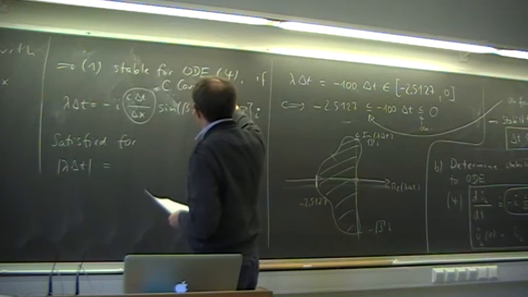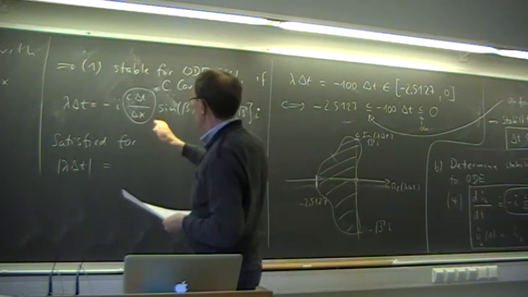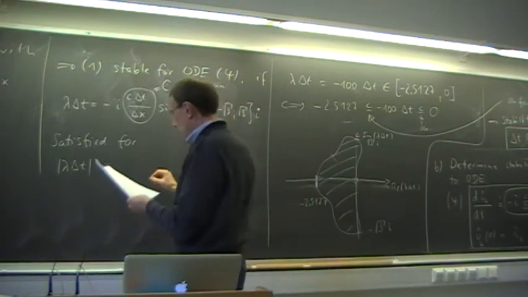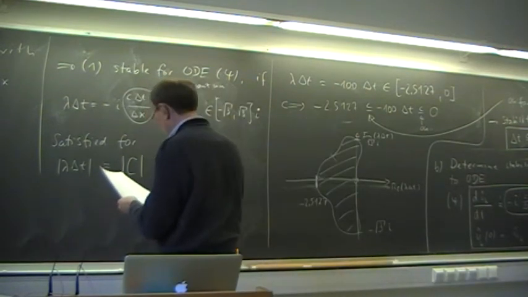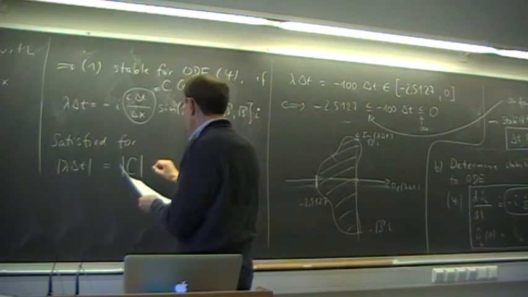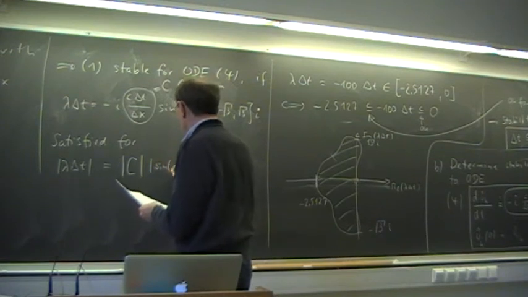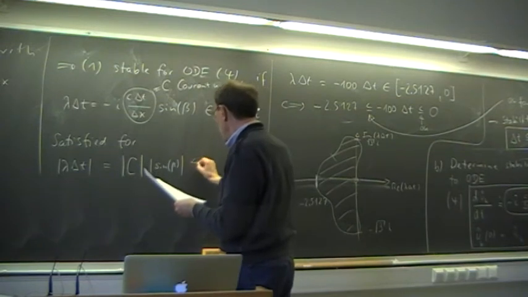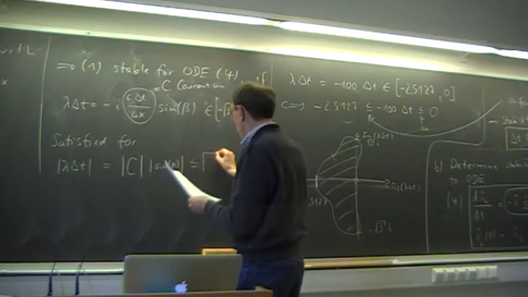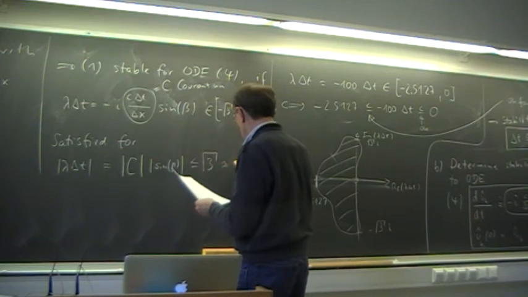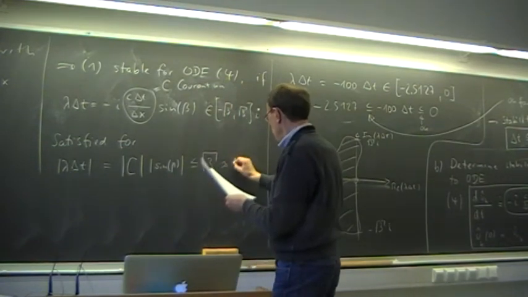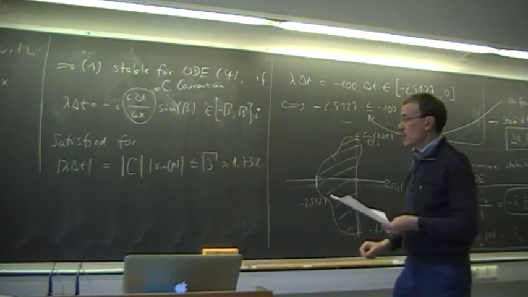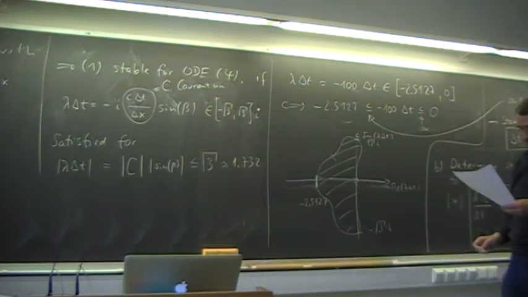So when we look now at the absolute value of this, the absolute value of minus I is 1, then we will have here the absolute value of the Courant number times the absolute value of the sine of theta, and that has to be smaller equal than square root of 3, which is approximately 1.732. So that will be then our stability condition.